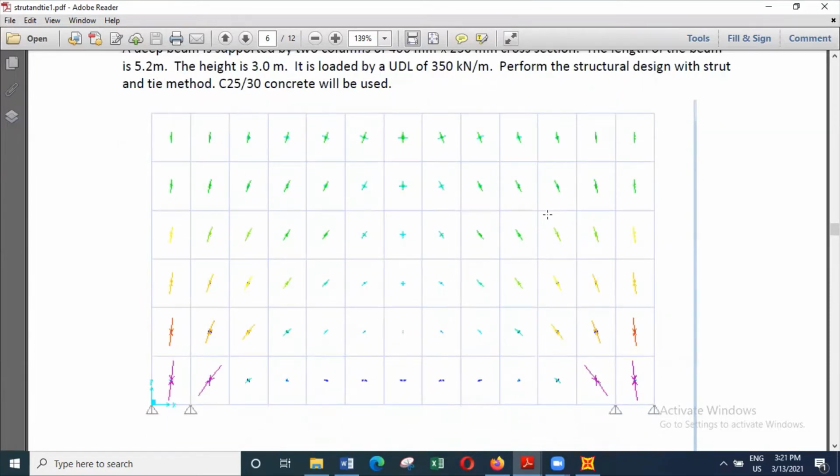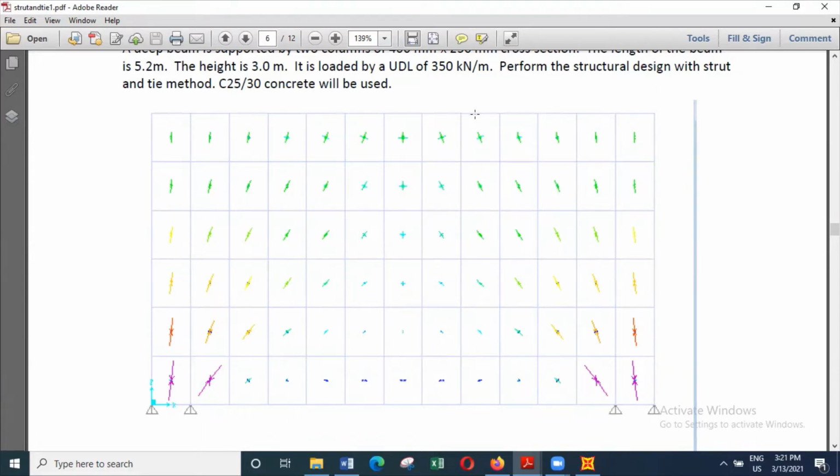And if you look at this diagram, you can clearly see that the loads are transferred along lines like this. But in these areas, you can see the loads are transferred in a reasonably vertical direction as well.